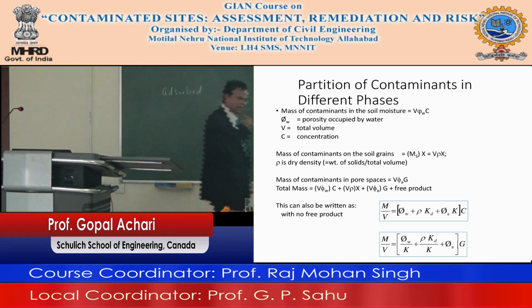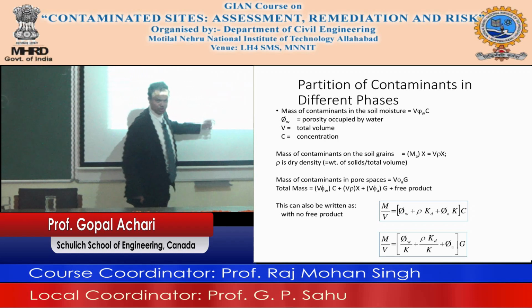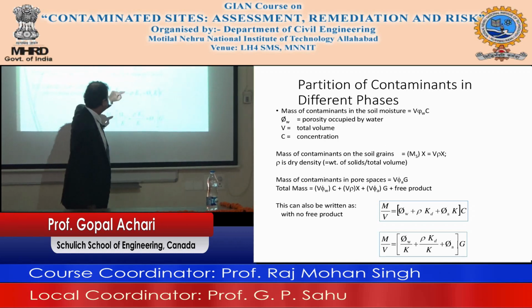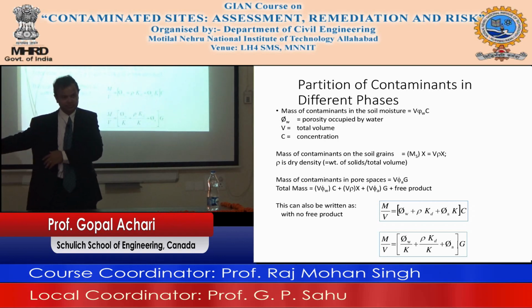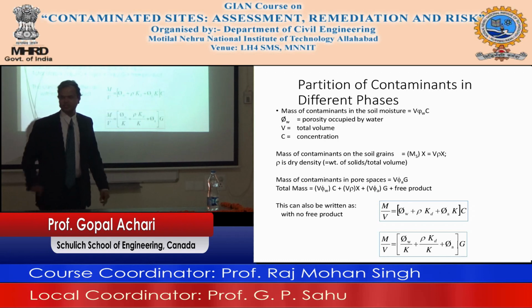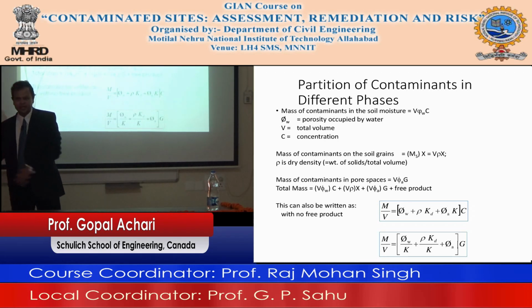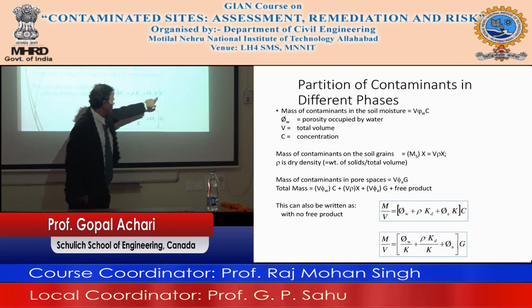So the moral of the story, apart from knowing this formula, is to look at this formula: mass of contaminants per unit volume of soil. If I take a meter cube of soil, that's the amount of contaminant held in all phases, excluding the free phase. And we can't tell the free phase, right? If there's free phase, then there can be any amount. But if you want to know the adsorbed, the dissolved, the air, you can get all that: mass divided by volume, this whole thing multiplied by a constant.